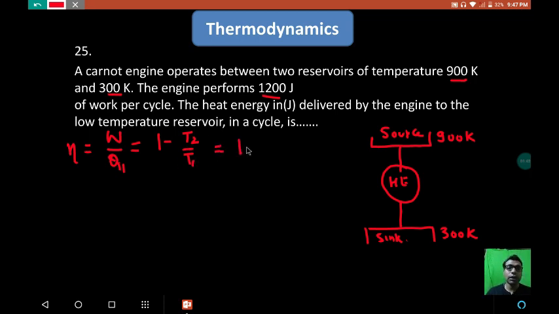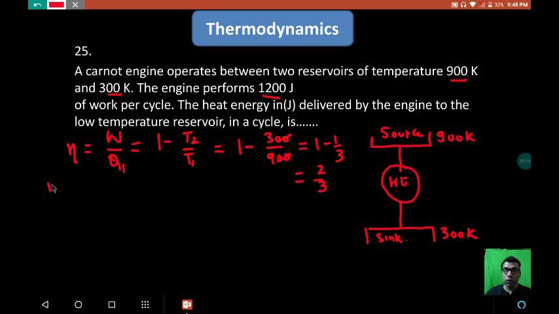We plug in the values, T2 as 300 and T1 as 900. We get 1 minus 1 by 3, which comes to be 2 by 3. So this is the efficiency we have received from this heat engine.